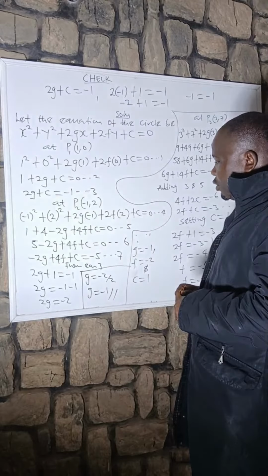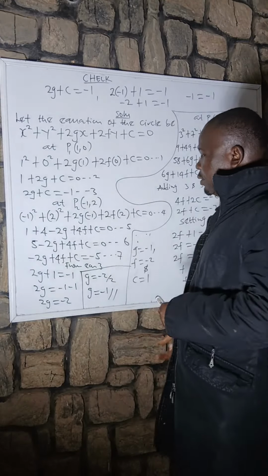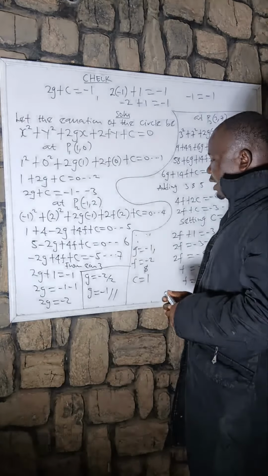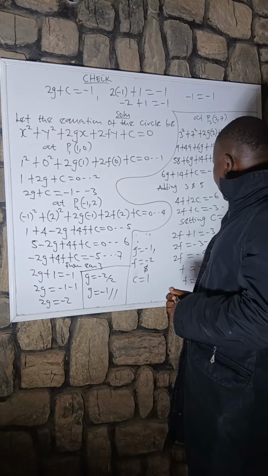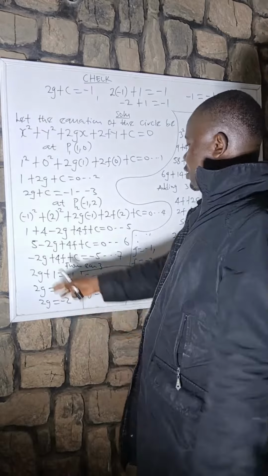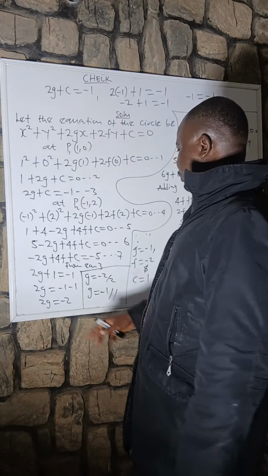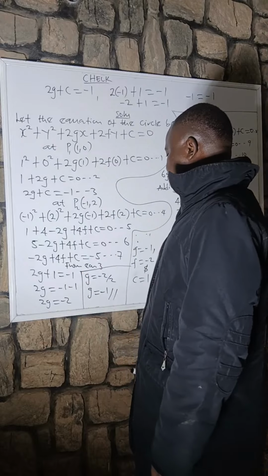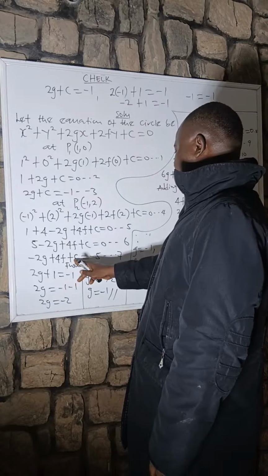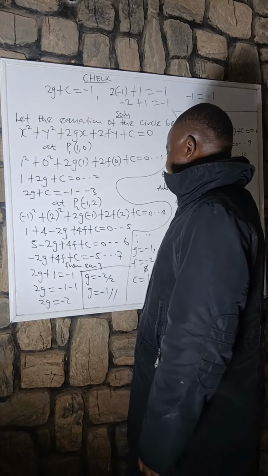Likewise, you can check with equation 7, whether at the end of the day you still arrive at minus 5. This is plus 2, this is minus 8, plus 1. So plus 2 minus 8 plus 1.